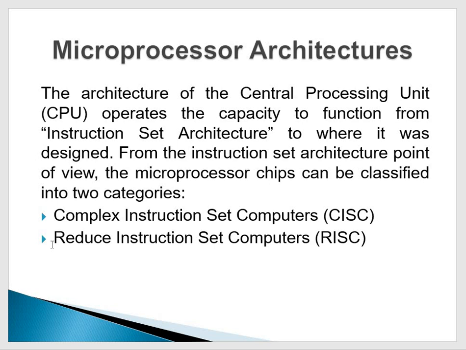From the instruction set architecture point of view, microprocessor chips can be classified into two categories. One is the complex instruction set computer, also called CISC, and the other type uses the reduced instruction set computer. Those computers are called RISC computers.